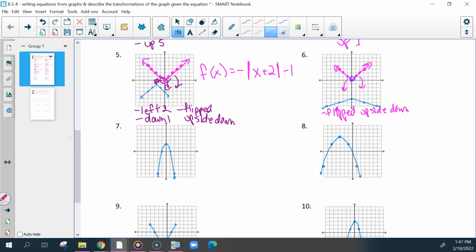It was definitely moved down. So that's 1, 2, 3, 4, 5. Now, if it was just flipped and it was just down, it would look something like this. But that's not how it looks.